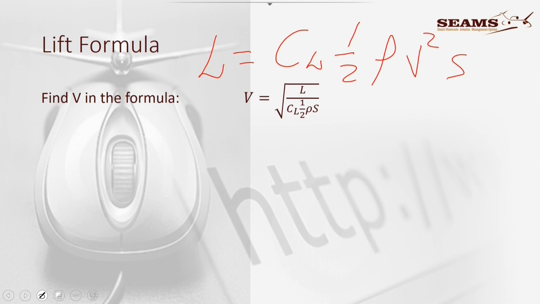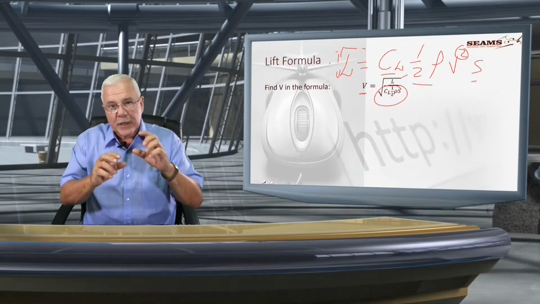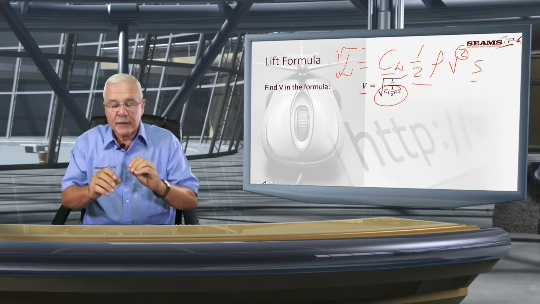If you work it out, the V becomes isolated, the square goes over into the square root on the other side, so it's moved over to this side over the lift, and then your coefficient of lift, half the density and S move to the bottom.